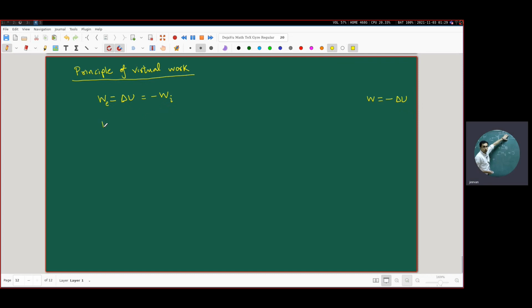The moment you write WE is equal to minus WI, this is a very general expression. Or you can think of it like this, that WE plus WI is equal to 0, or in other words, the total work done by the external and the internal forces as part of a mechanical process is equal to 0.